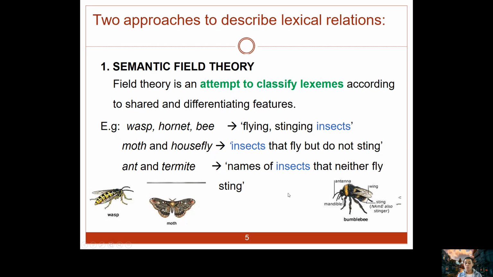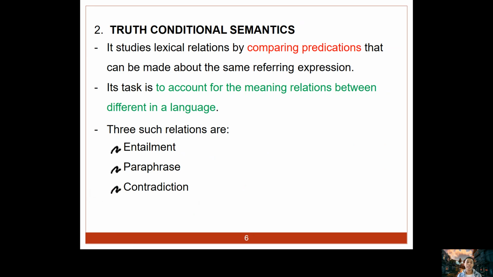What is the other way to describe lexical relations? The other way is truth conditional semantics. It studies lexical relations by comparing predications that can be made about the same expression, to account for the meaning relations between different expressions in a language.